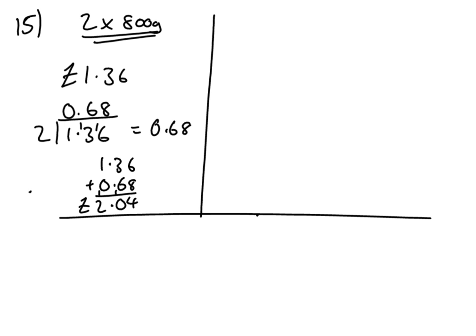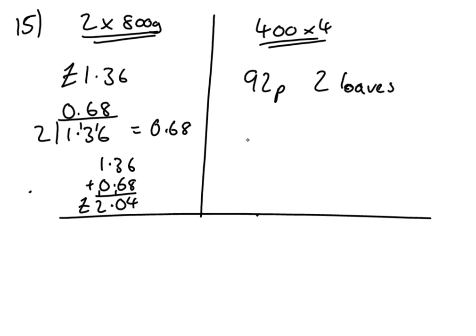that will then give us £2.04. So then we've got the 400-gram loaf, and that's going to be bought 4 times. So we've got buy 1 get 1 free. So if we've got buy 1 get 1 free, that means that every time we spend 92p, we get 2 loaves. So if we want 4 loaves, then if we double that, then we'll get the cost.